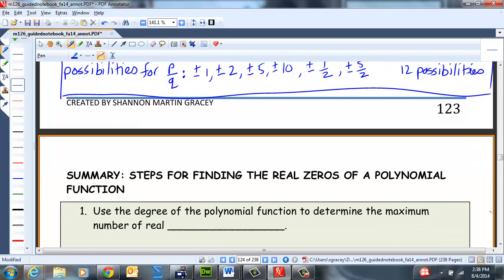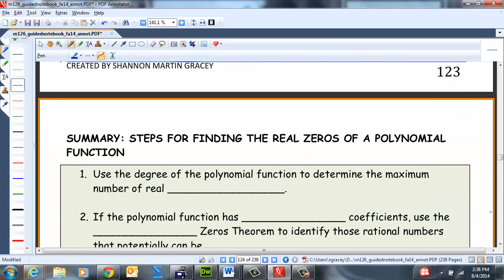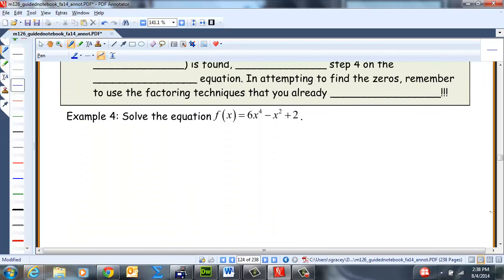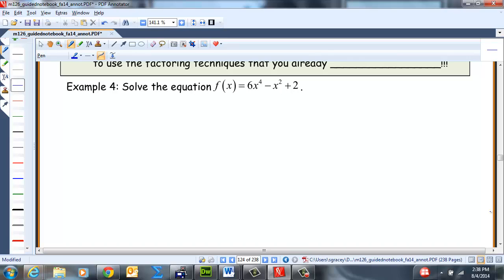All right, so let's do this. This one here, it's another example of that. I actually had the wrong directions. This is not an equation. The directions are the same as example 3.